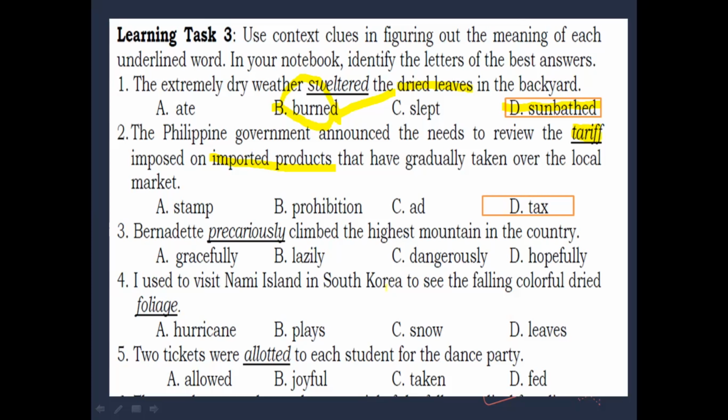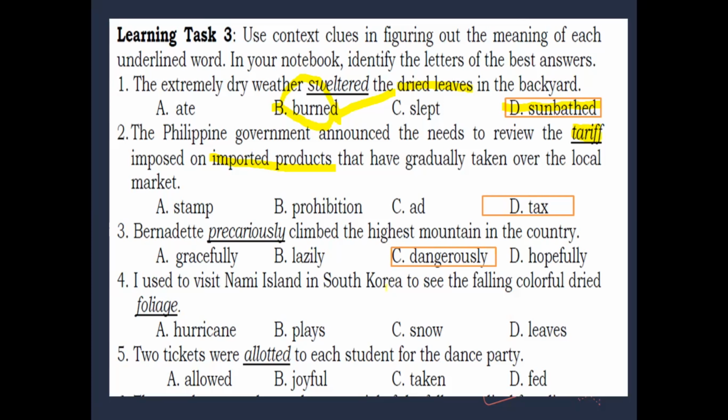So, if Bernadette is in a position that is not secure and likely to fall and collapse, what is the meaning of precariously? A. Gracefully. B. Lazily. C. Dangerously. D. Hopefully. The answer is dangerously.